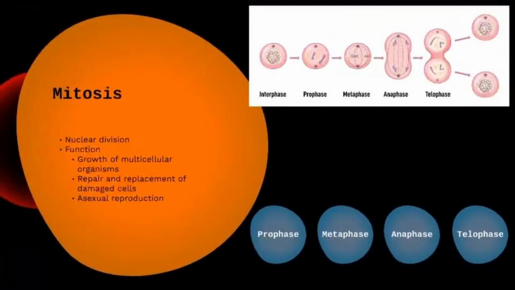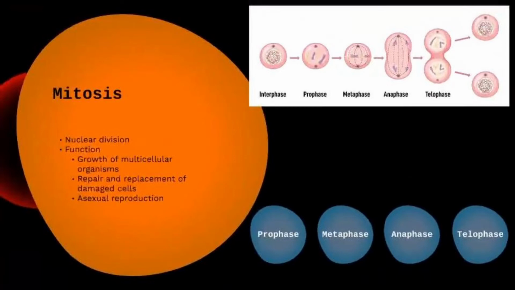We then have metaphase, where the sister chromatids line up along the equator of the cell, which we call the metaphase plate. We then have anaphase, where each sister chromatid is pulled to separate poles of the cell, and following that we have telophase, where two nucleoli form.